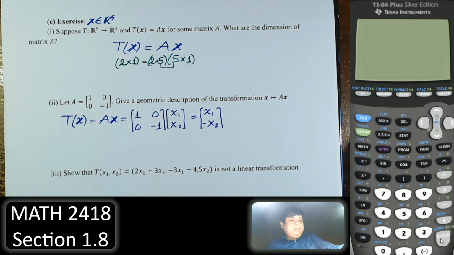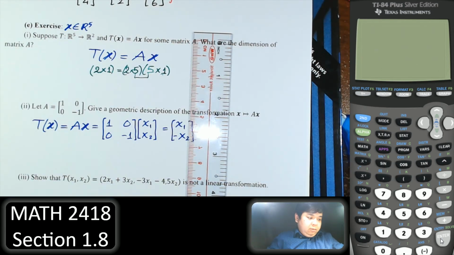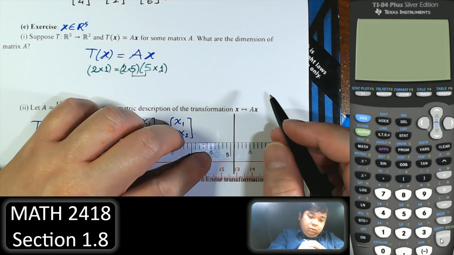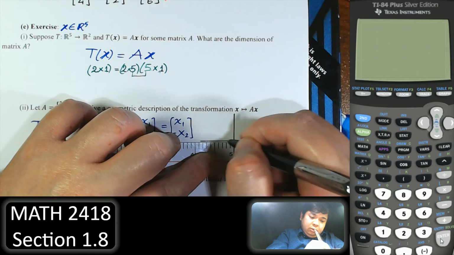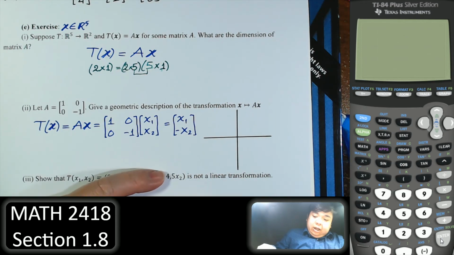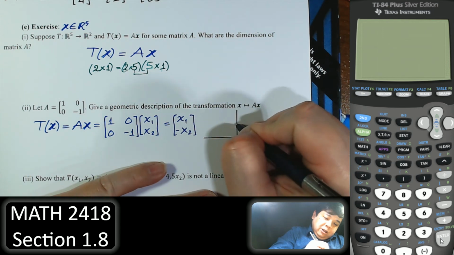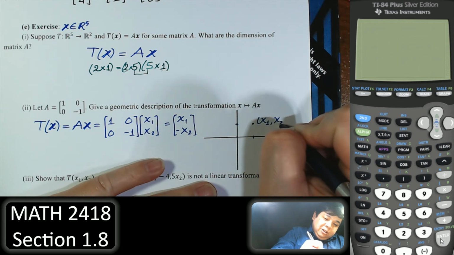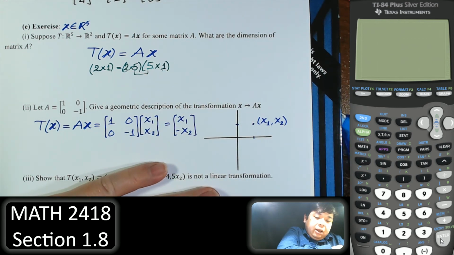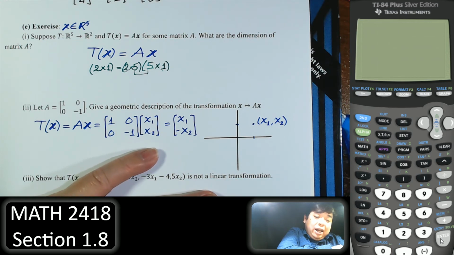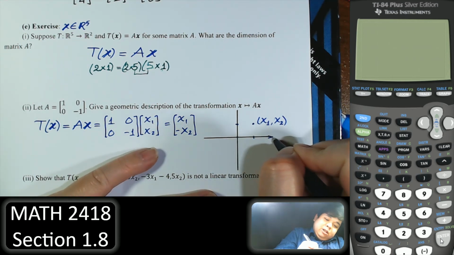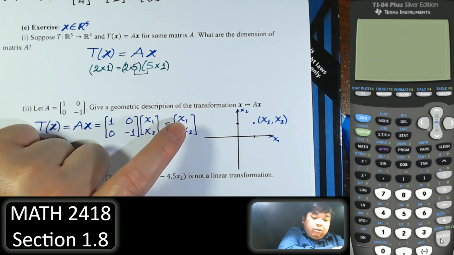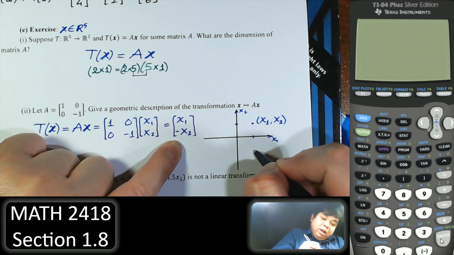So what do we have here? Upon x1, x2, the transformation will turn into x1 and negative x2. So this is the x1 coordinate, x2 coordinate. The first component stays the same, but the second component becomes the opposite.